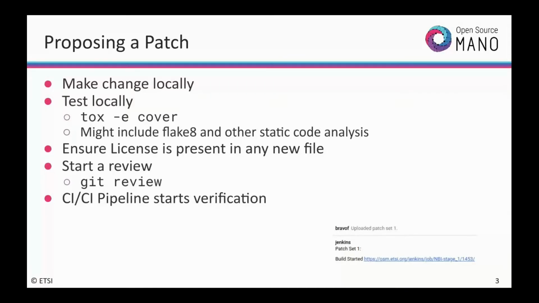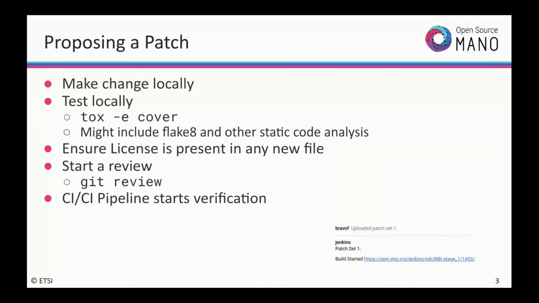So it's strongly encouraged that you take a look. We'll get into it. There's a script called stage test, but whatever is inside the stage test script is the suite that Jenkins will run, and you should run this locally before pushing your review.